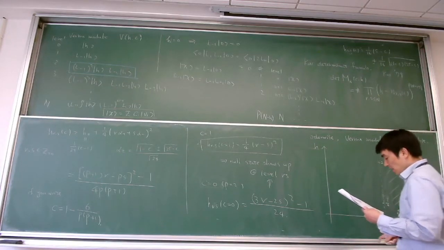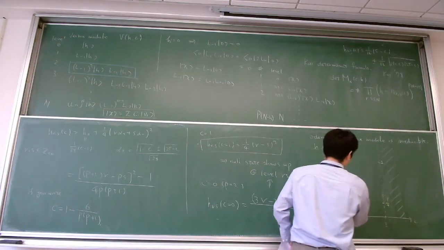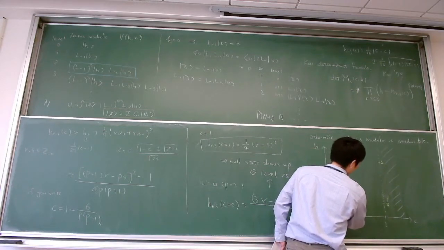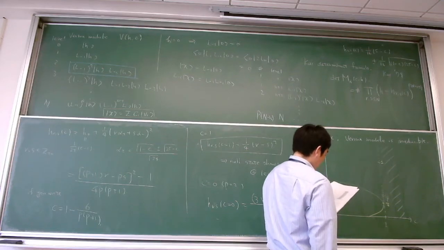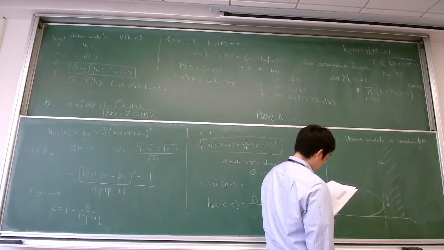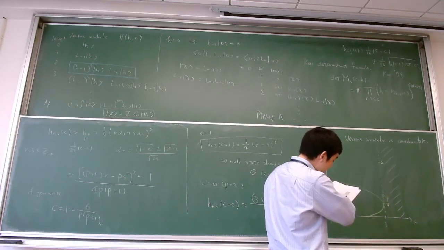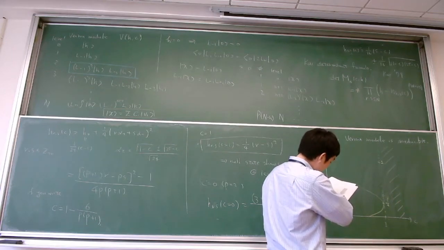Then you have something like a quarter curve, like this way. It's very difficult to write down everything.